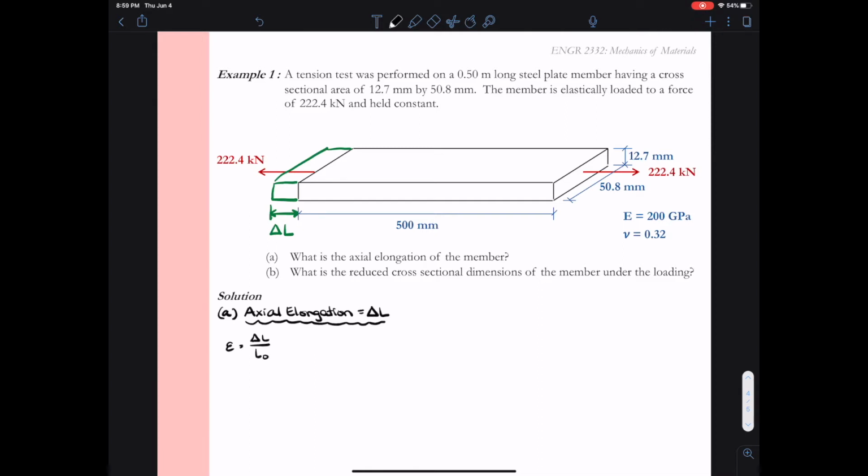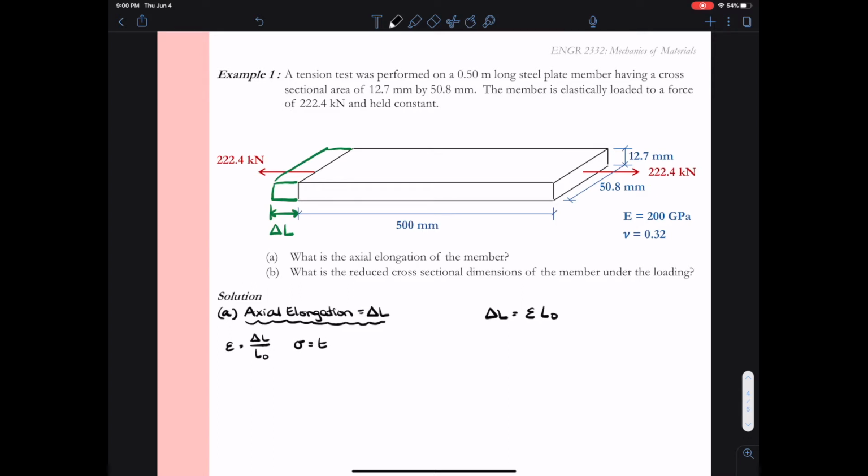All right, so we could rewrite the strain equation in terms of delta L, and say that delta L equals epsilon times L0. So we know L0. L0 is 500 millimeters or 0.5 meters, but we don't know the strain.